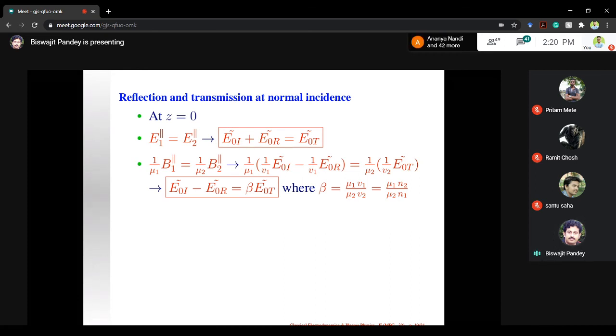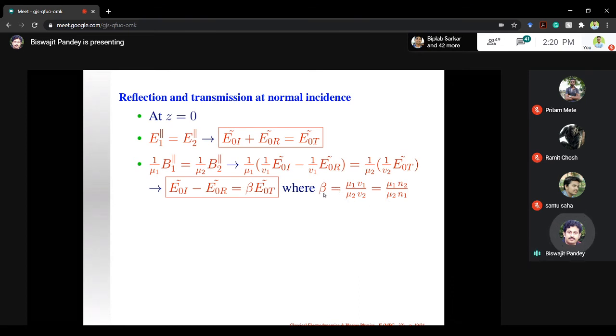So they are inversely proportional. So v equal to c by n. So v1 is inversely proportional to n1. So that's why mu1 v1 divided by mu2 v2, one can write as mu1 n2 divided by mu2 n1.